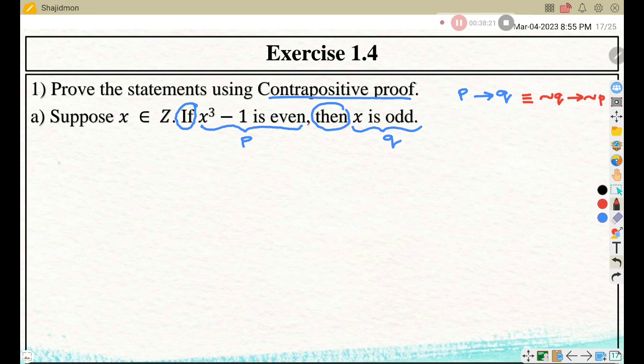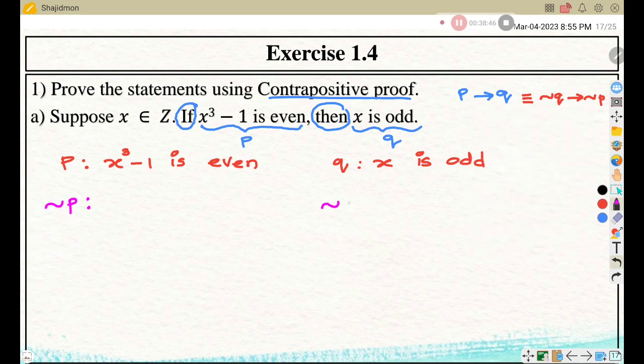So first we write what is p: x power 3 minus 1 is even. Now write what is q: x is odd. Now write the negation of p and the negation of q.